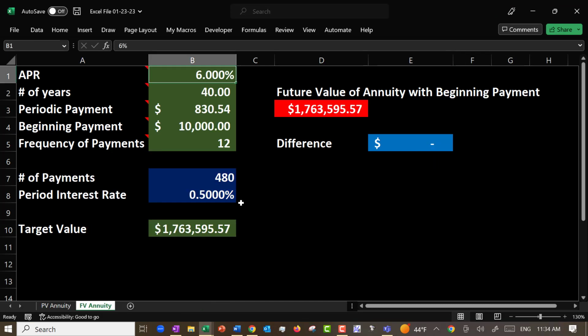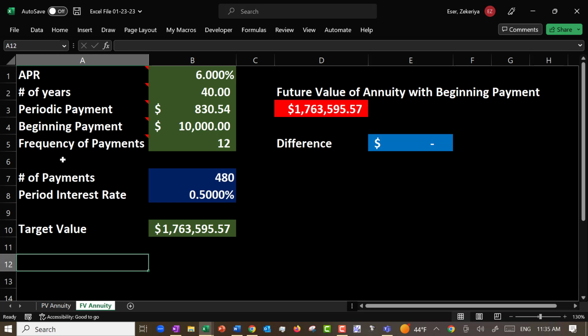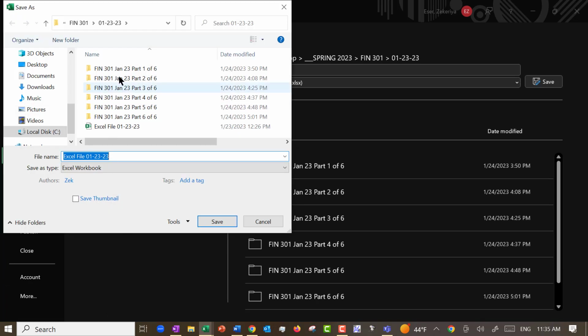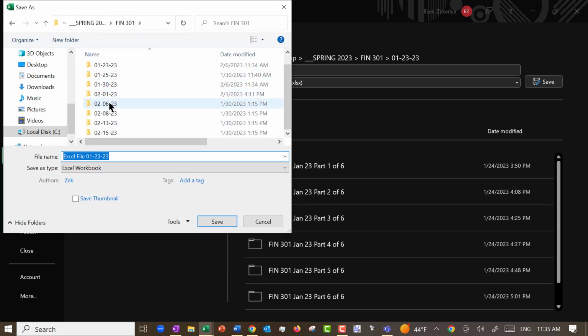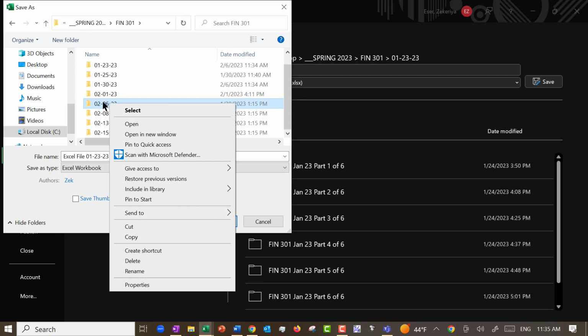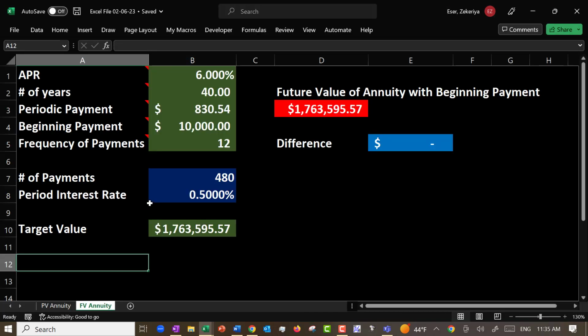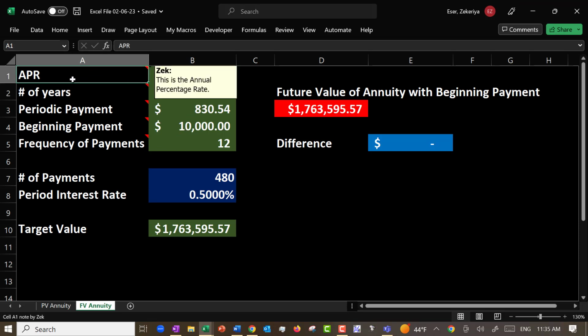I don't need to know about future values, so I'm going to save this as today's file. That way I don't have to do any formulas. For APR, this is yield to maturity. Let's call this years to maturity.